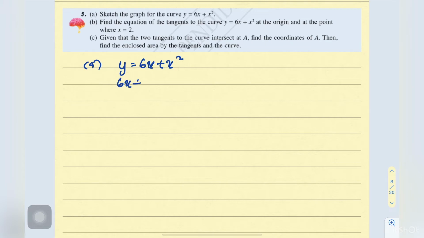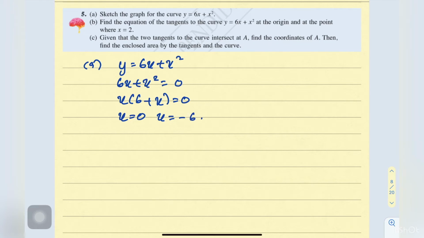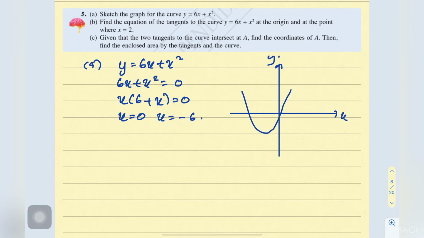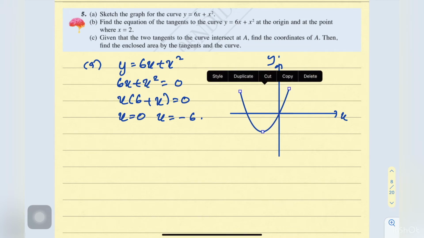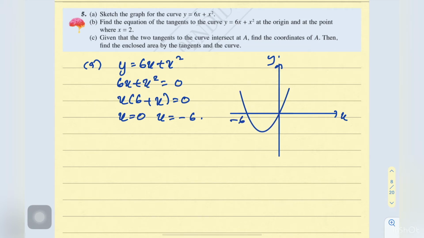So 6x plus x squared equals 0, x(6 plus x) equals 0, then x equals 0, x equals negative 6. Then we can sketch this one, with the y-axis and x-axis.